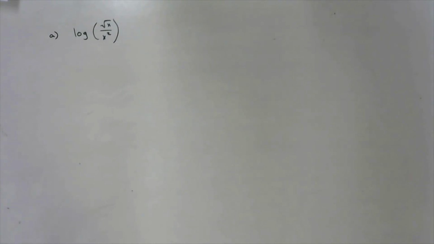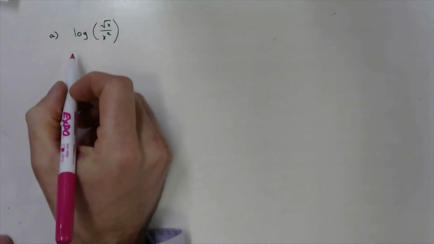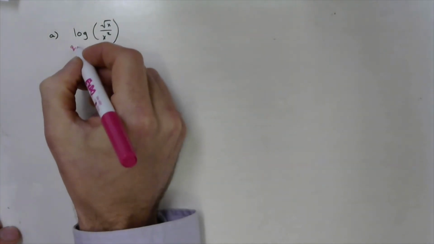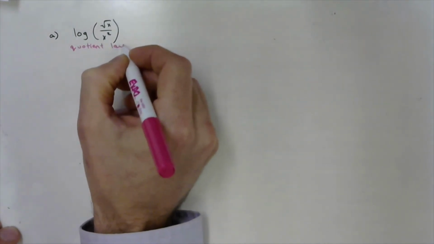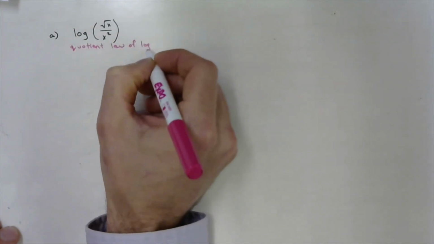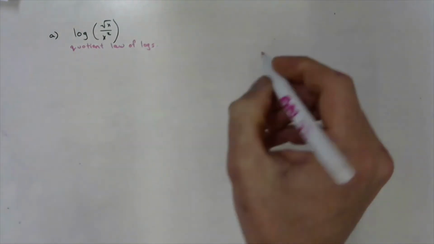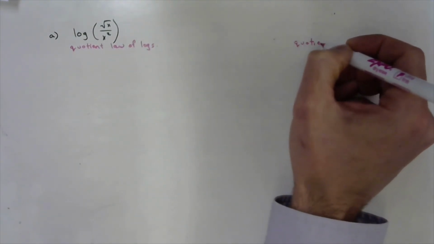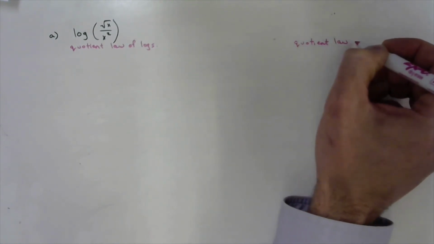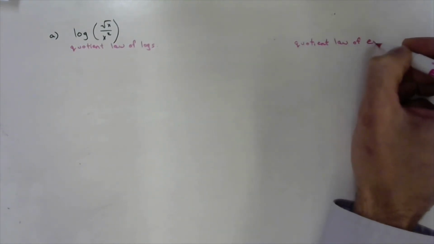In my opinion, the quotient law of exponents is quite a bit easier, but we're going to use the quotient law of logs, and then over here we'll use the quotient law of exponents.